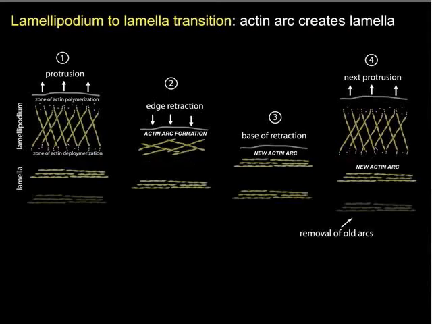And this is illustrated in terms of a diagram in the slide that's shown here, where we think that what our data is suggesting is that the two pools of actin in this leading edge that undergo this dynamism that I showed in the first movie are actually spatially, temporally related to each other during the protrusion-retraction cycle of the leading edge, such that during protrusion, as the lamellipodial actin branched filament grows, there's no communication between that system and the lamellar system.